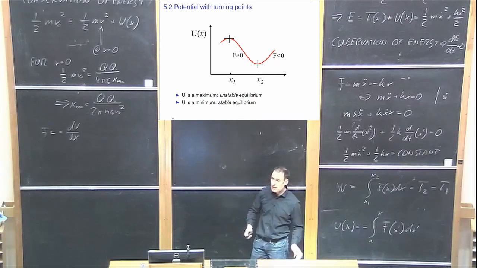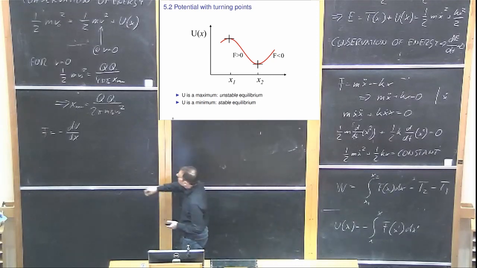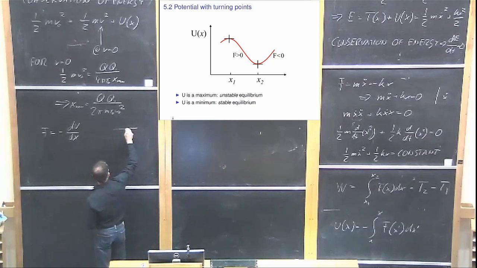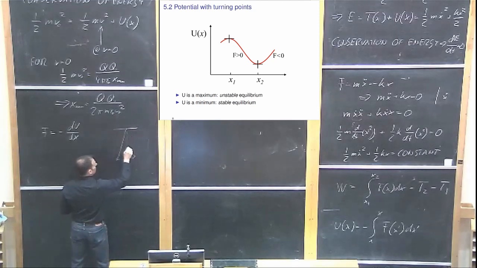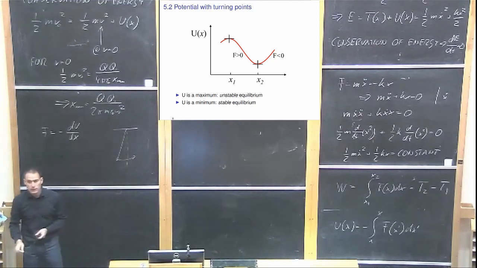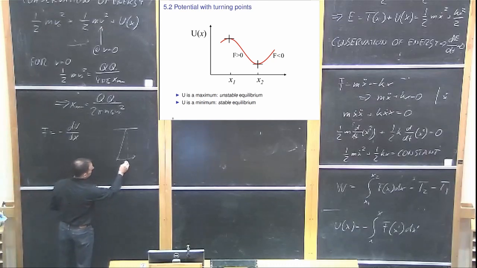Take the pendulum which we had, for example, or the spring. It's going left and right, and you have a restorative force that always pushes it back when you get off a little bit.